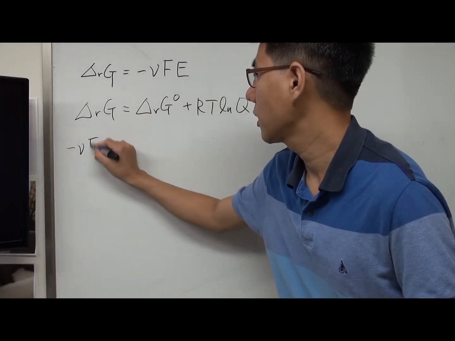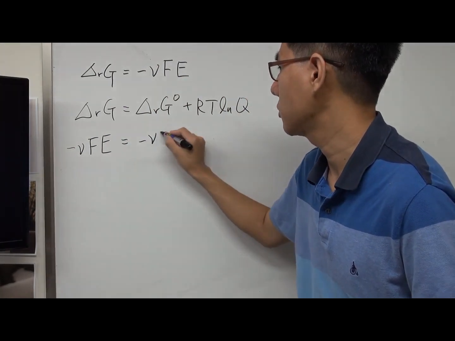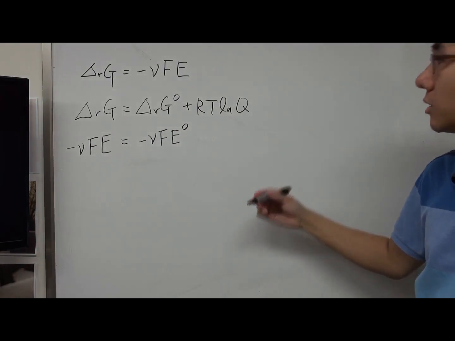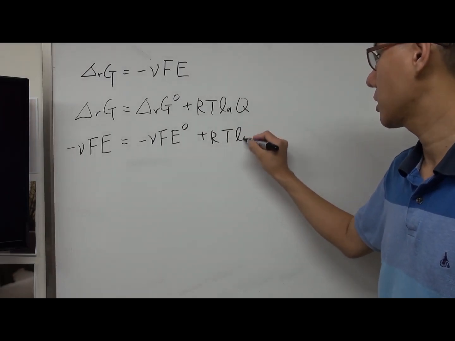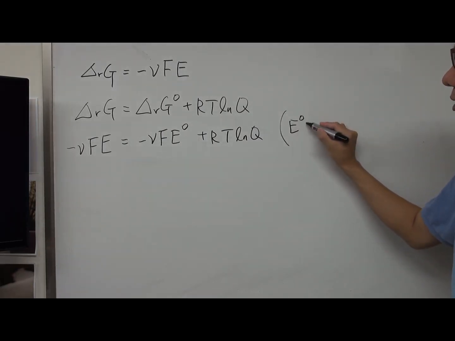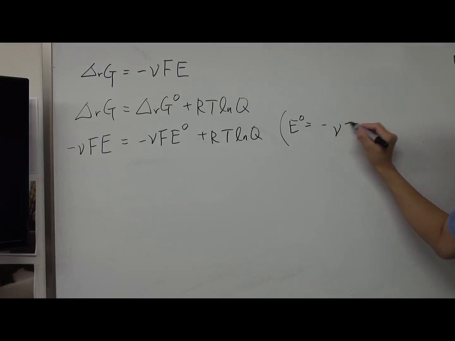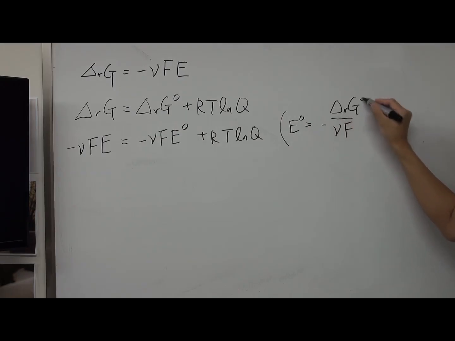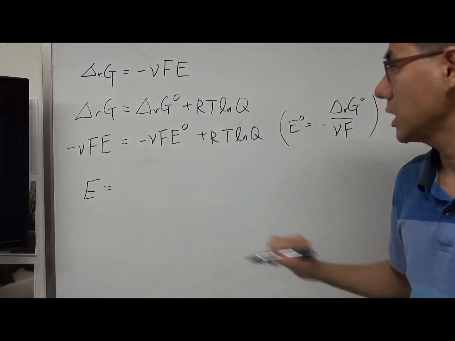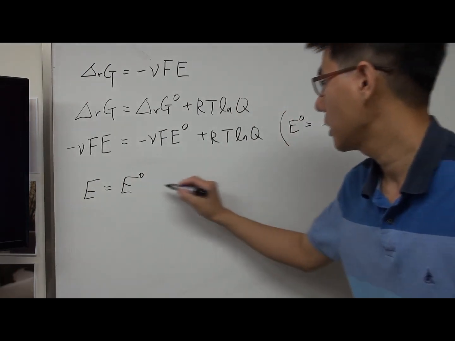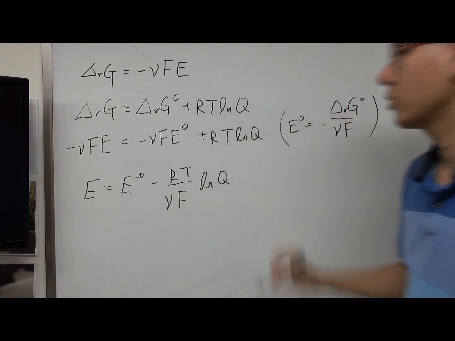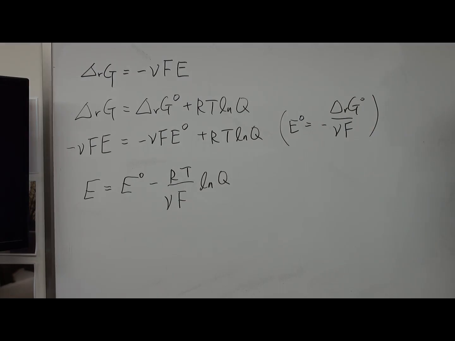So minus nu F E is equal to minus nu F E naught, let's denote it as the standard electrical potential, plus RT ln Q. So here E naught is equal to minus delta G naught over nu F. If you rearrange it as a function of electric potential, E is equal to E naught minus RT over nu F ln Q, which is called the Nernst equation, okay?